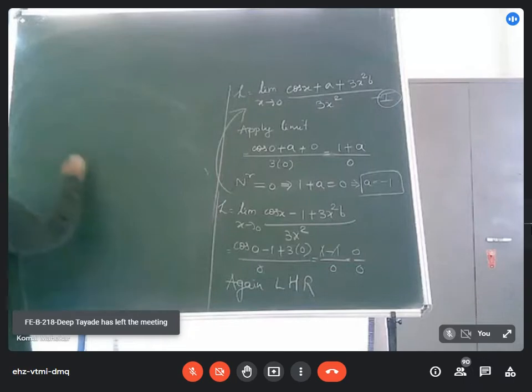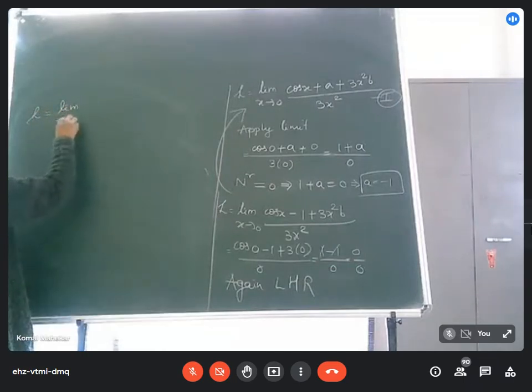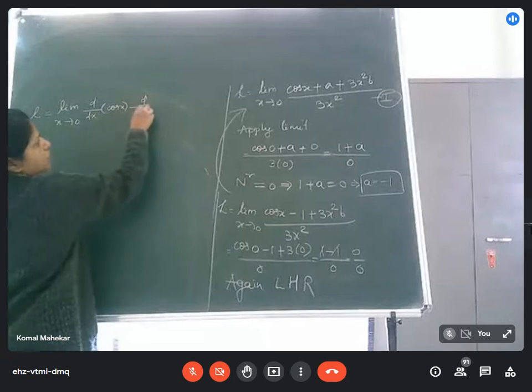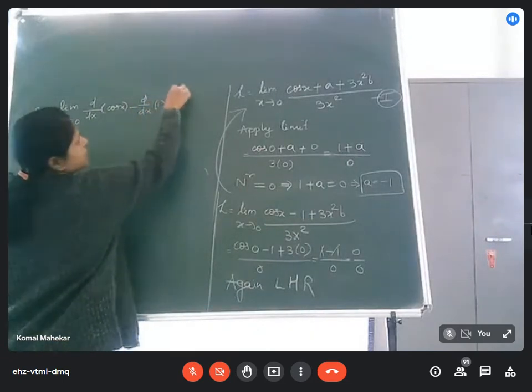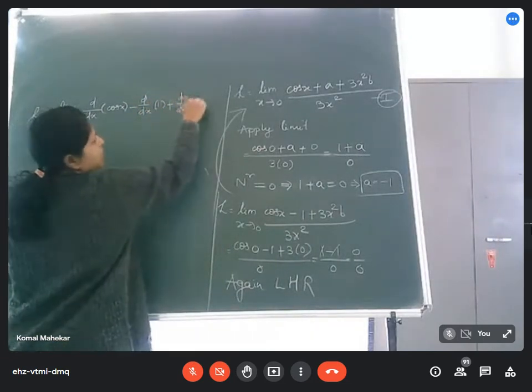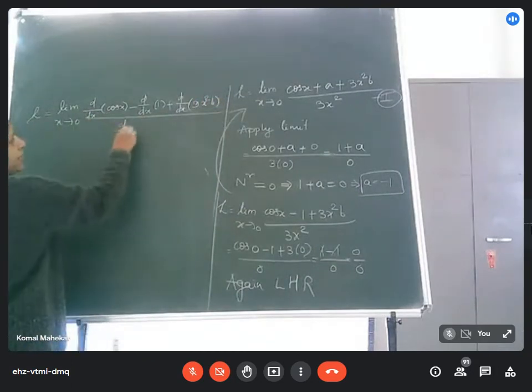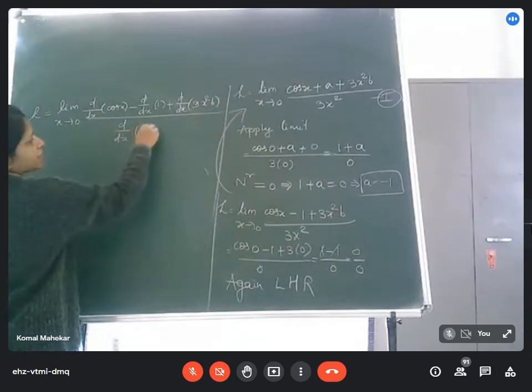Therefore L becomes limit x tends to 0 of d by dx of cos x minus d by dx of 1 plus d by dx of 3x square b upon d by dx of 3x square.